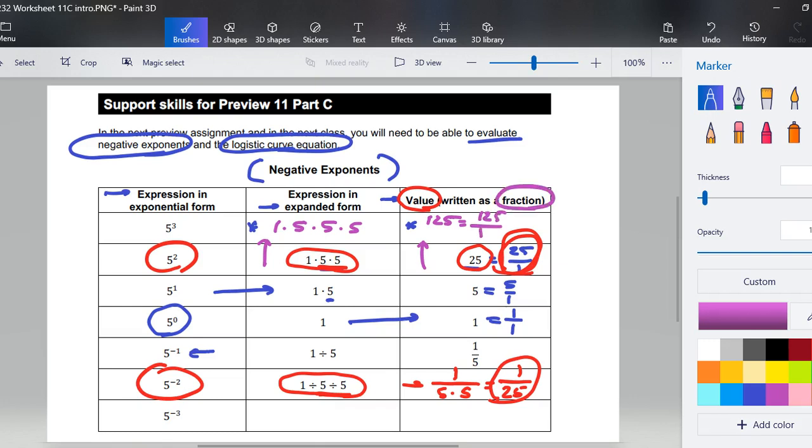Both answers are great. Going this direction, if I now have 5 to the -3, that's 1 divided by 5 divided by 5 divided by 5, or it's going to be 1 over 5 times 5 times 5, which is 1 over 125.